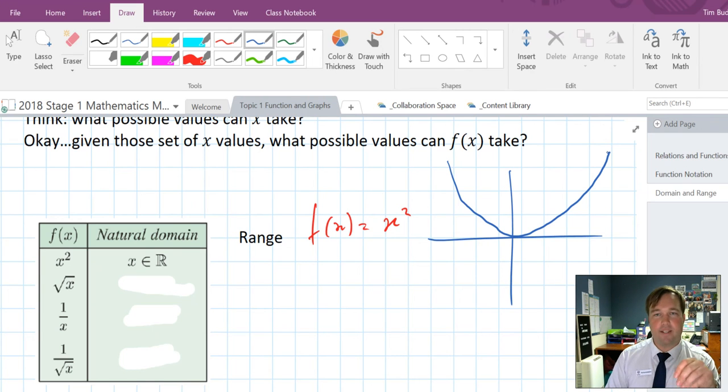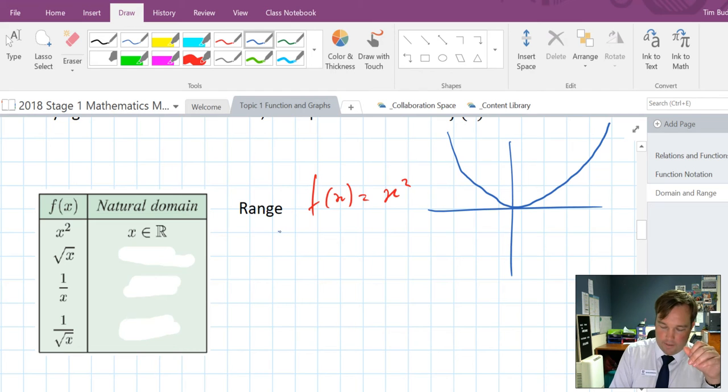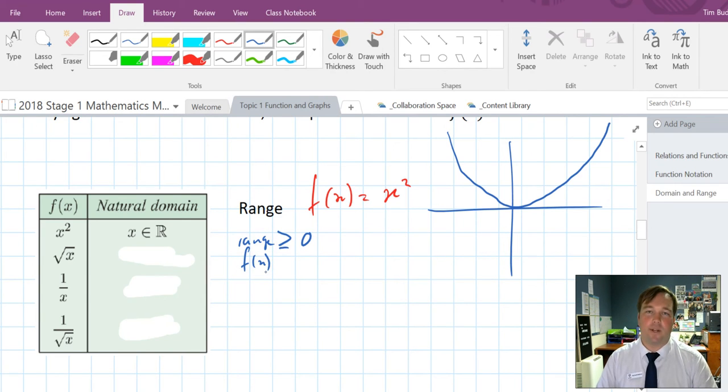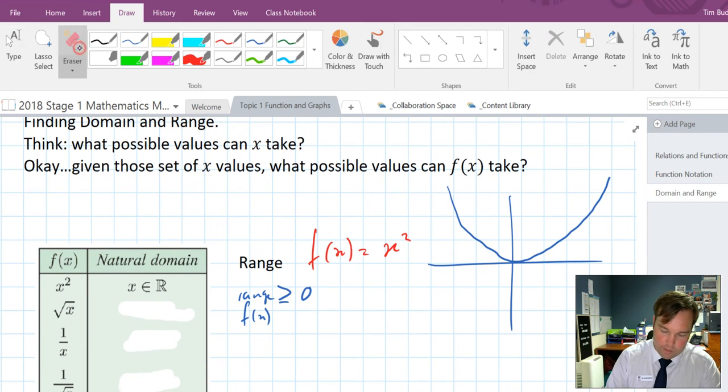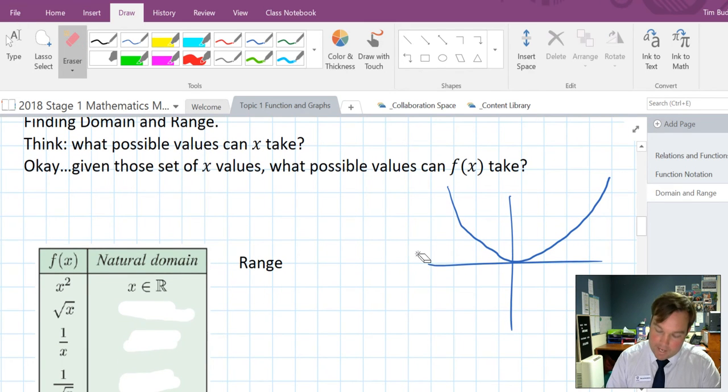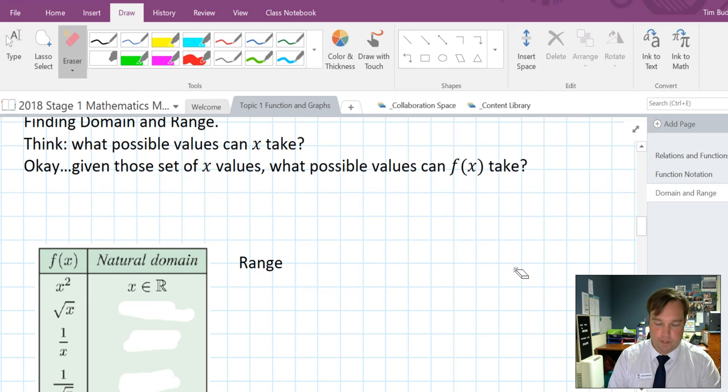So f of x is such that its range must be greater than or equal to 0. So the thought process is, well, what values can x take? Good. Given that, what values can y take? So here, the domain is real. The range is positive. What about root x?